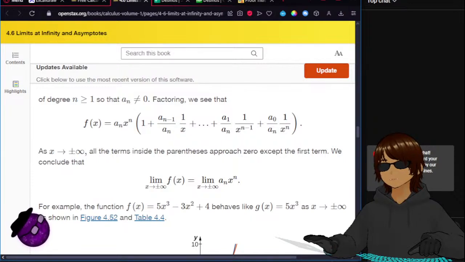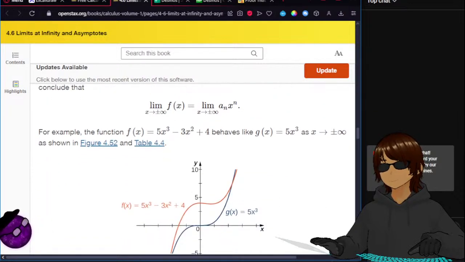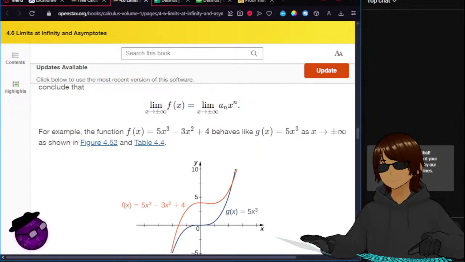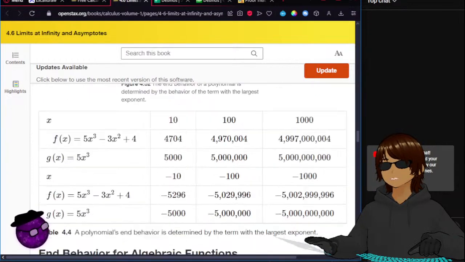So you're left with a 1, and that multiplies with the nth a with x to the power of n. The function f of x is equal to 5x to the power of 3 minus 3x squared plus 4 behaves like g of x is equal to 5x cubed as x approaches positive or negative infinity.